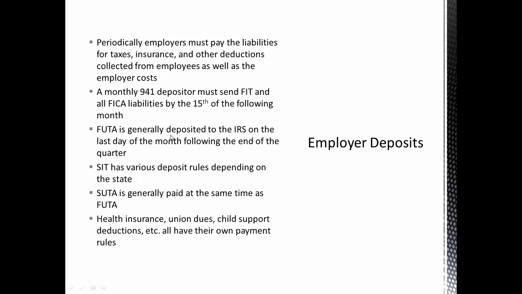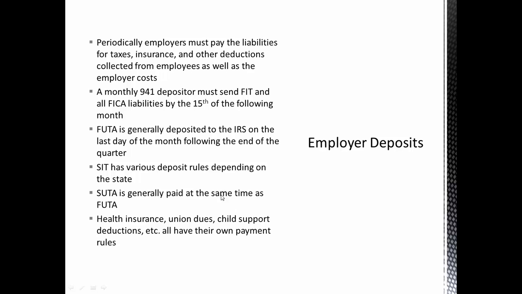FUTA is generally deposited to the IRS on the last day of the month following the end of the quarter. SIT depends on the state. Each state is going to have separate rules. In South Carolina, the South Carolina SIT is due to the state just like the FIT, so the 15th of the following month.